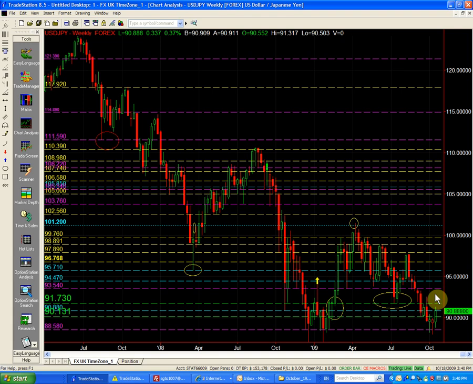As long as the dollar yen remains above 90.88, then we are going to maintain our long bias, and we will actually be buying the dollar yen.